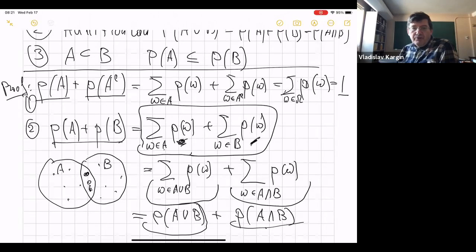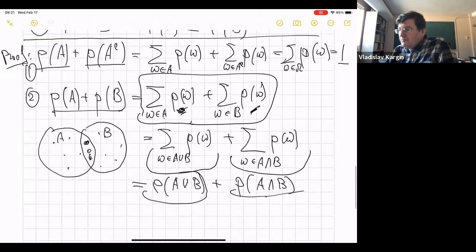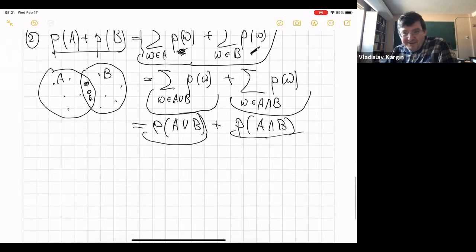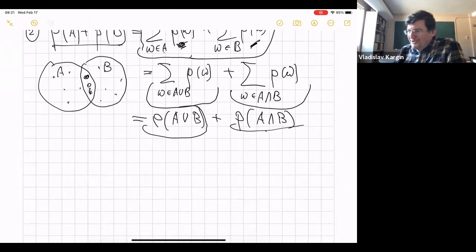If you're not allowed, then you need to go to the axioms and try to prove it using the axioms. It's not very difficult, it's easy, but you need to be accurate to do it.